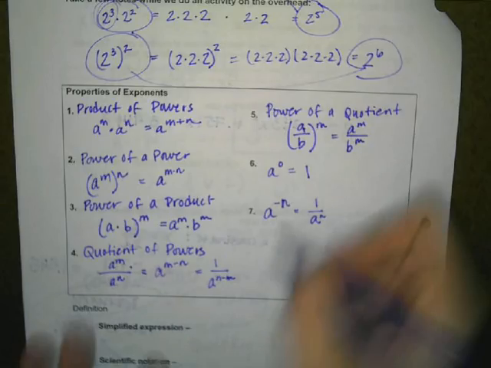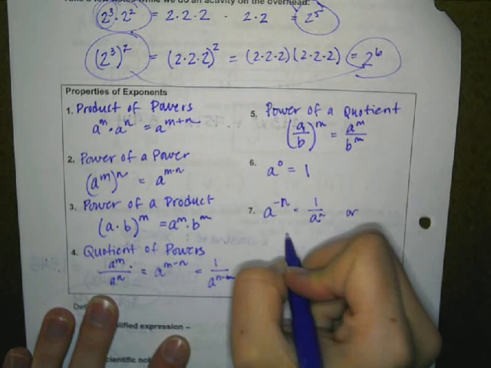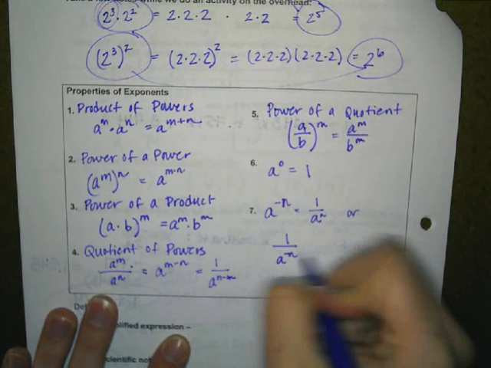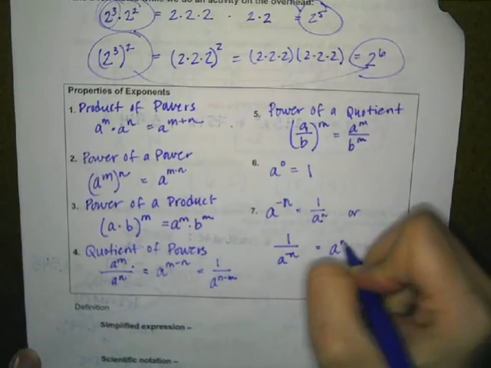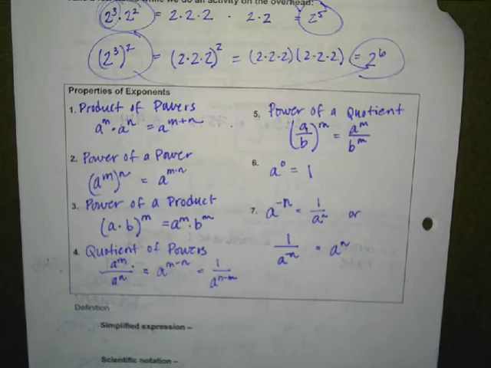It can also go the other way, where you could have a negative exponent on the bottom, so 1 over a to the negative n, and then it'll flip it to the top. We call that a reciprocal property. Reciprocal is like the math term for flipping stuff from top to bottom or bottom to top.